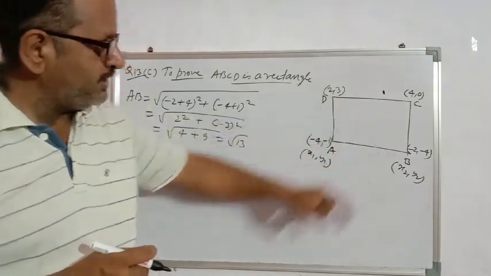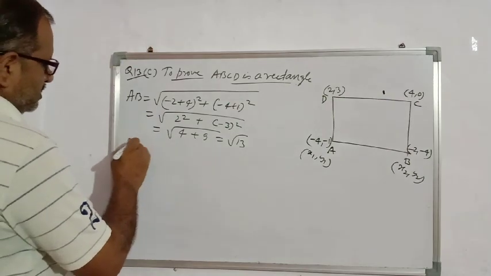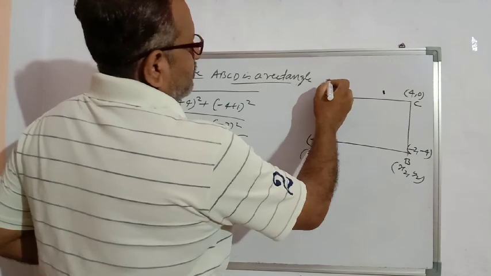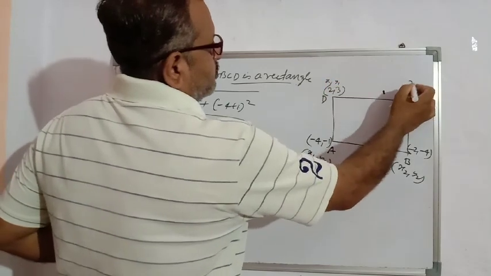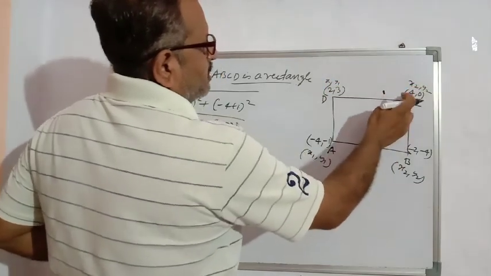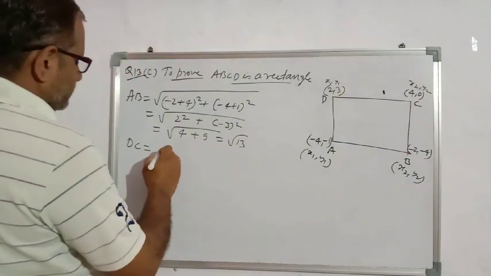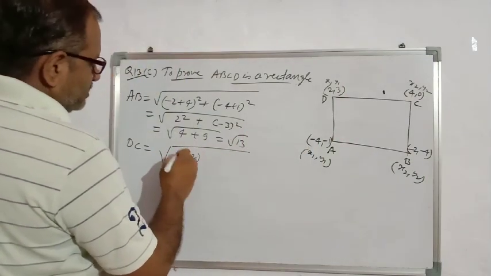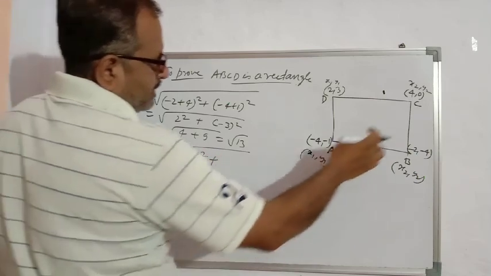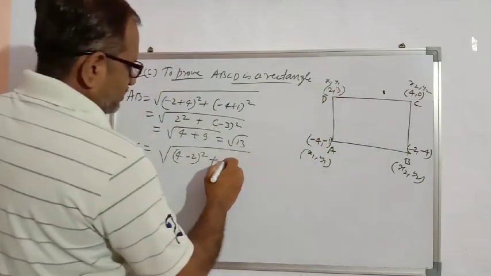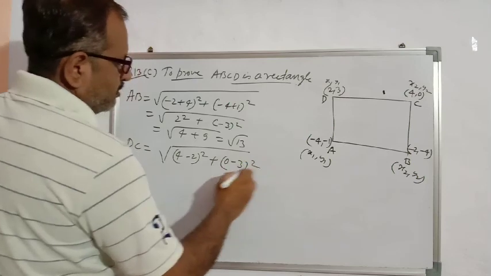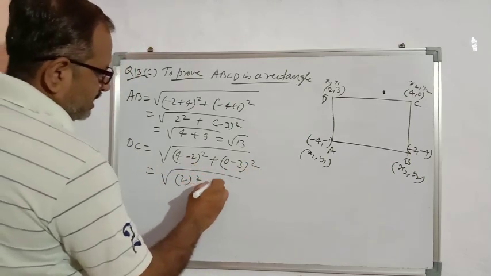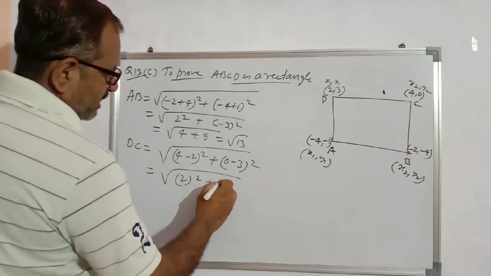Now find DC. Again, this is x1, y1 and this is x2, y2. So x2 minus x1 means 4 minus 2, whole square, plus y2 minus y1, 0 minus 3, whole square. 4 minus 2, 2 square. 0 minus 3 means minus 3 square.